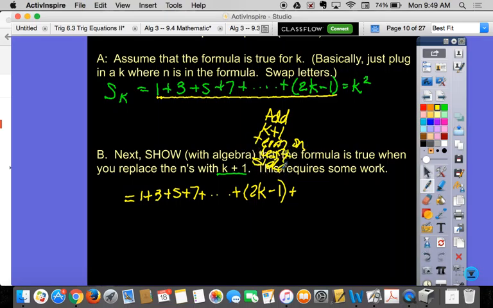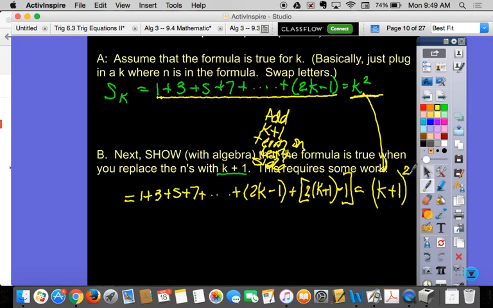So we're going to stick them in here just like we did before. 2 k plus 1 minus 1. Now on the right side, you're going to take this little, it's almost like a formula, and we're going to plug in k plus 1.